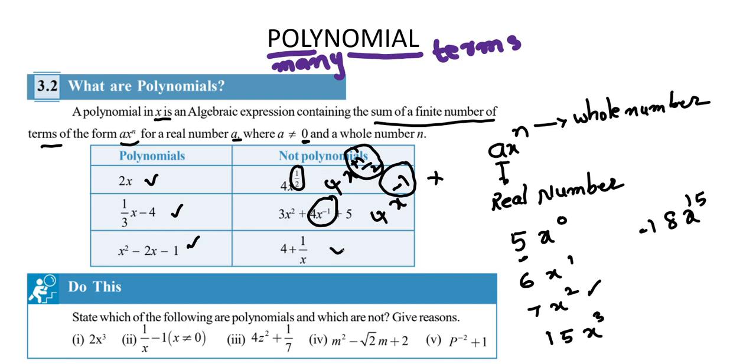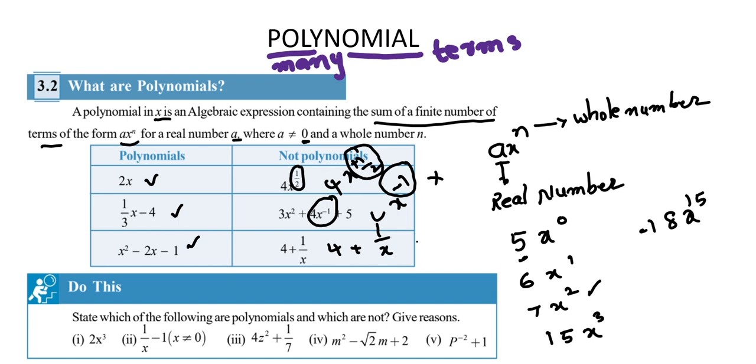Now look at here. What is given? 4 plus 1 by x.